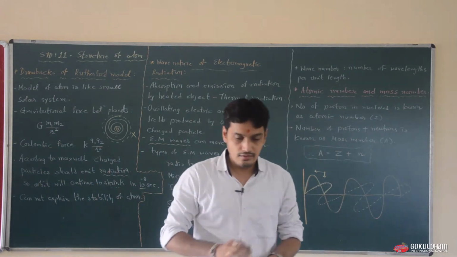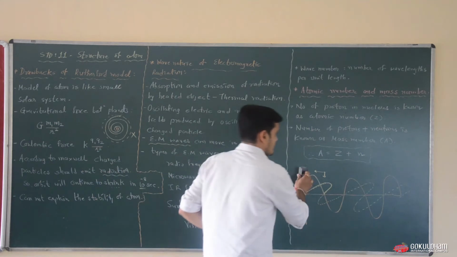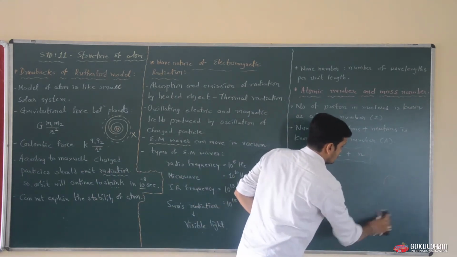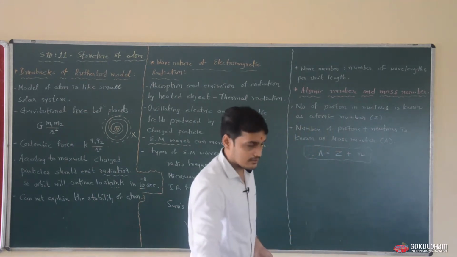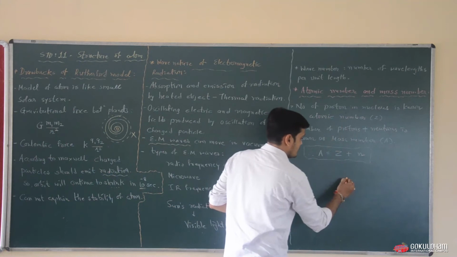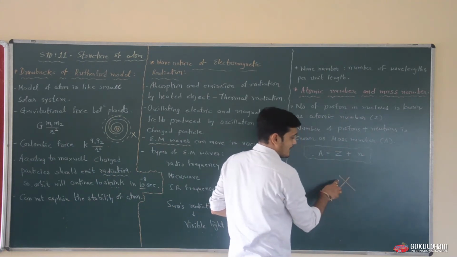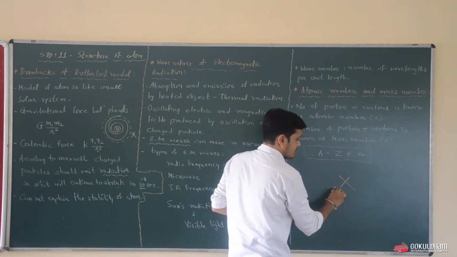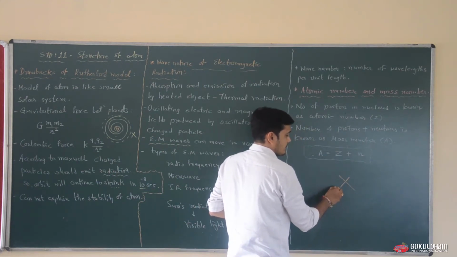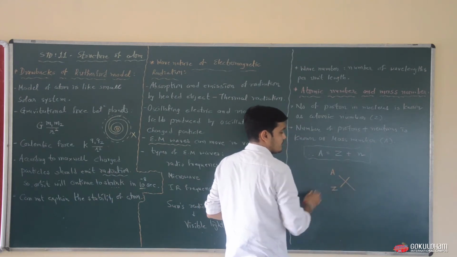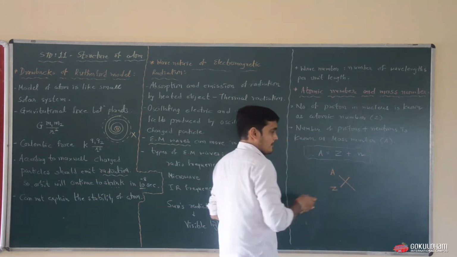So the equation is A is equal to Z plus N. In this, X is any element, Z is present on the downside and A is present on the upper side.